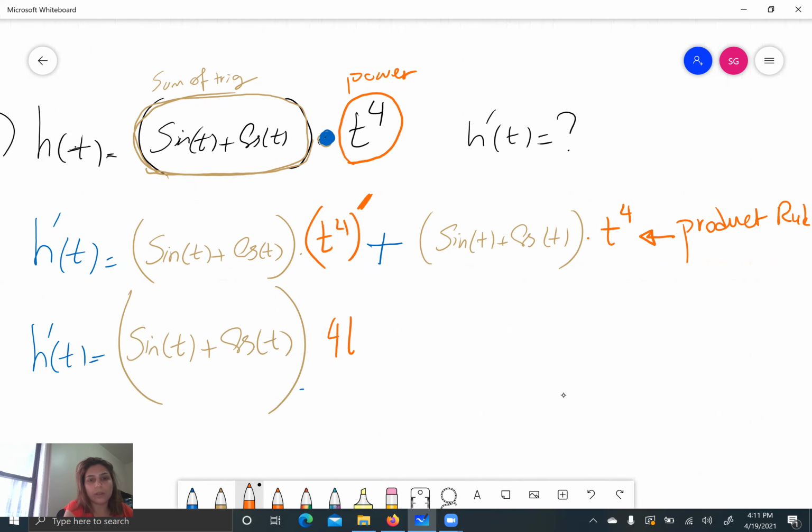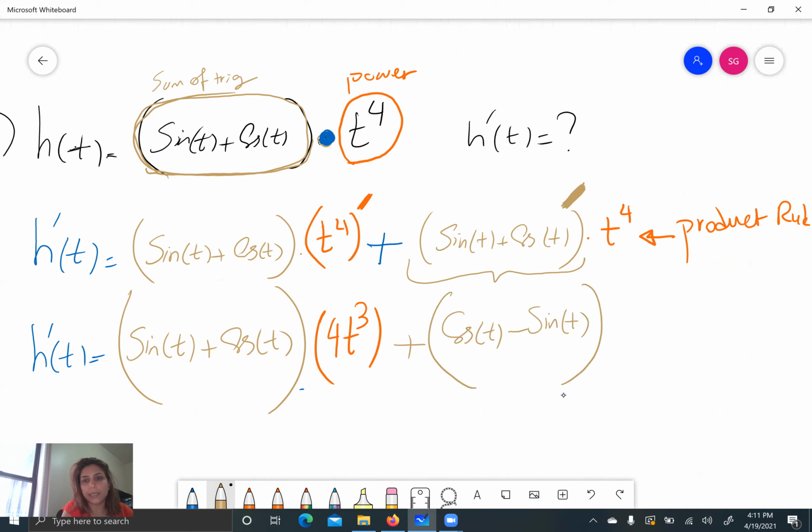And then what is the derivative of t to the 4? It's 4 times t cubed. And then now we need to take the derivative of the sum function. Recall how to take the derivative of a sum: you take the derivative of each one. The derivative of sine is cosine, and the derivative of cosine is negative sine, and that's it.